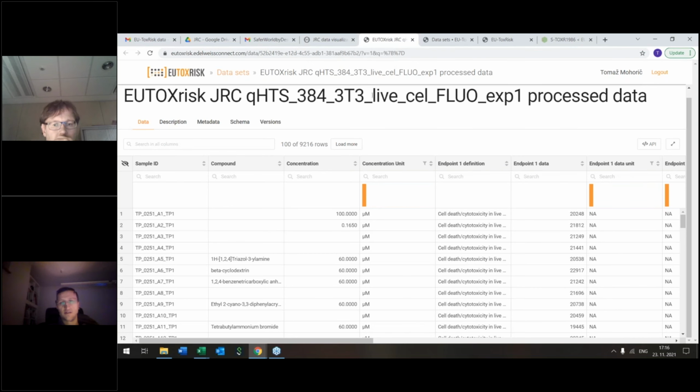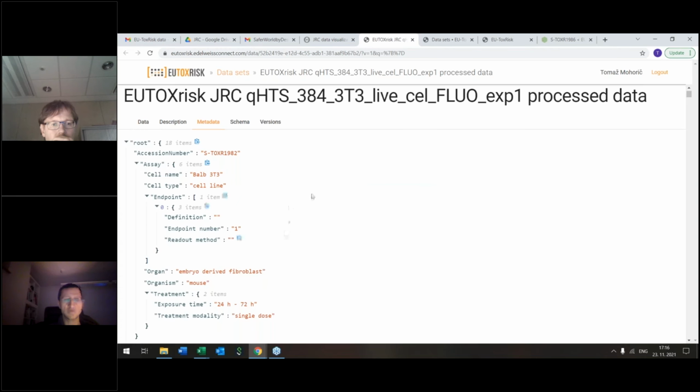But what we are looking at now is just the data, so the variables, the measurements. Each data set also has metadata that is also crucial, and metadata describes all the parameters that are relevant for the assay as a whole. So like what was the cell type and what was the organ or organism and so on. And this data is also stored in a machine readable format.